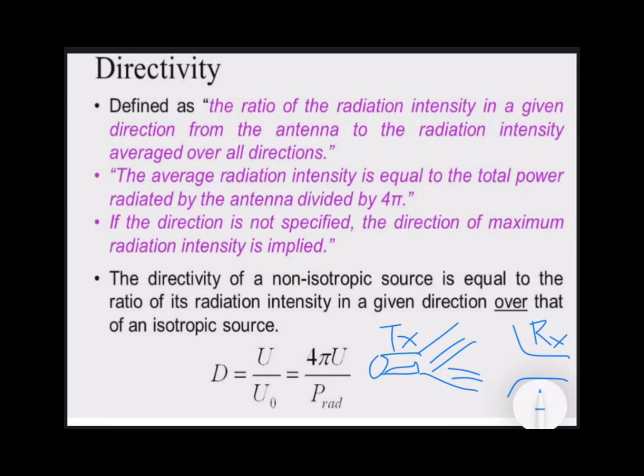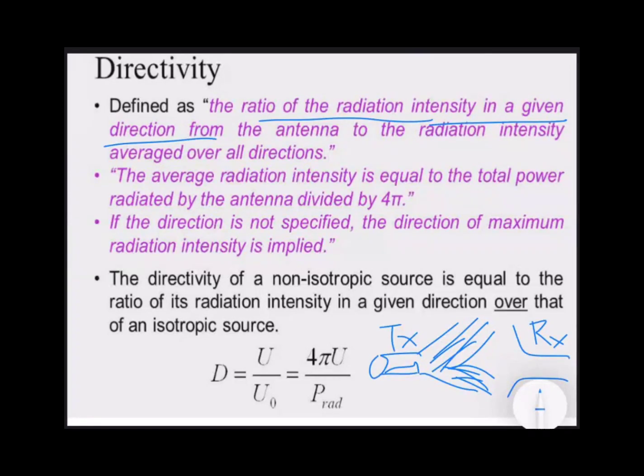So directivity is defined as the ratio of radiation intensity in a given direction from the antenna, because the direction is an important parameter for the radiation to take place, whether it is placed in the H plane or the E plane or whatever angle it has been aligned.